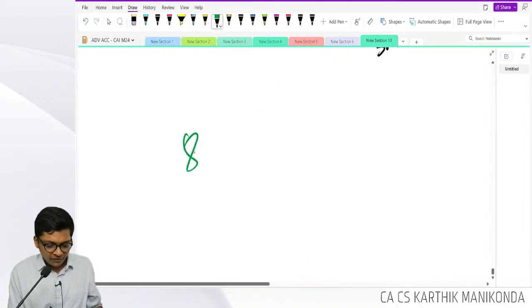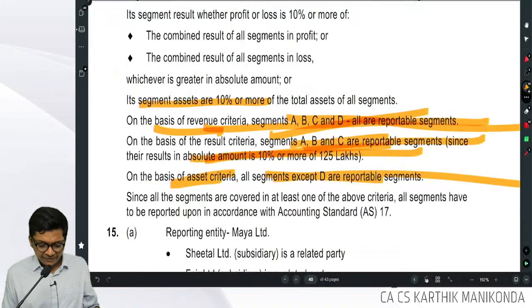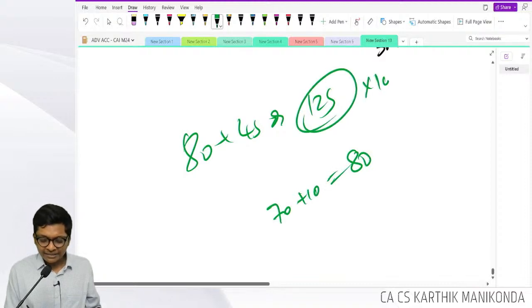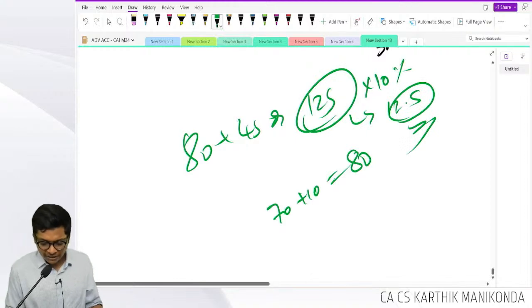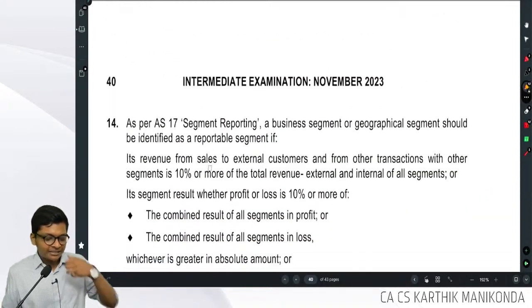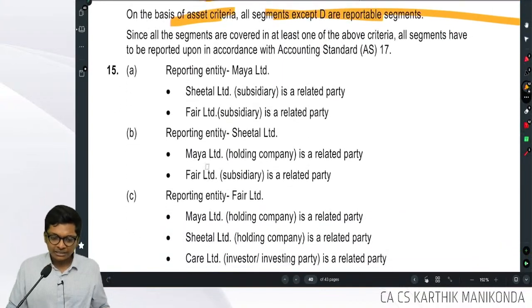The total profit is 80 plus 45, which is 125, A plus C. Total loss is 70 plus 10, which is 80. Which is higher? 125. 10% of 125 is 12.5. Anything equal to or more than 12.5, A, B, C will be accounted and not D. So what matters here is explain what are the tests, explain the computation. That's it.